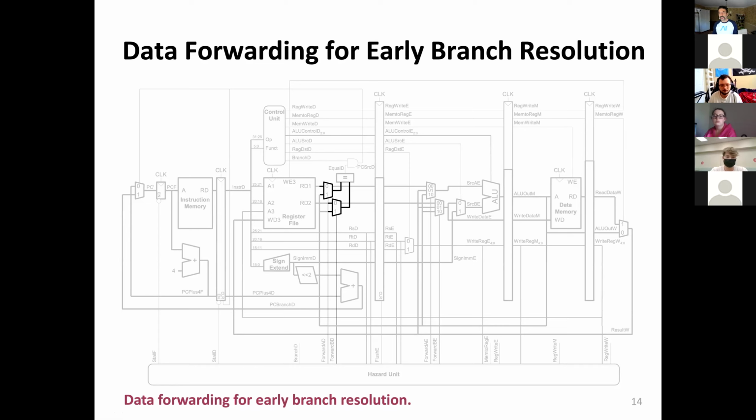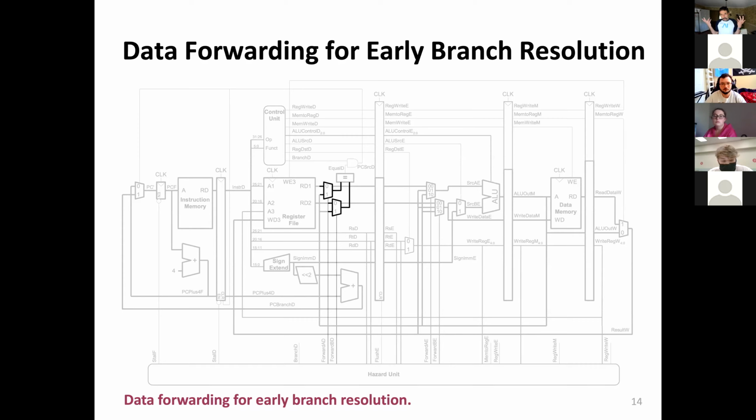Some of these dependencies could be handled at the software level, meaning they could be first of all detected by the compiler, because the compiler has full knowledge about the instructions. Actually, the instructions were in the first place generated by the compiler. Think about the compiler reading the high-level program that you wrote in C++, in Java, in Python, right? We compile it to assembly.